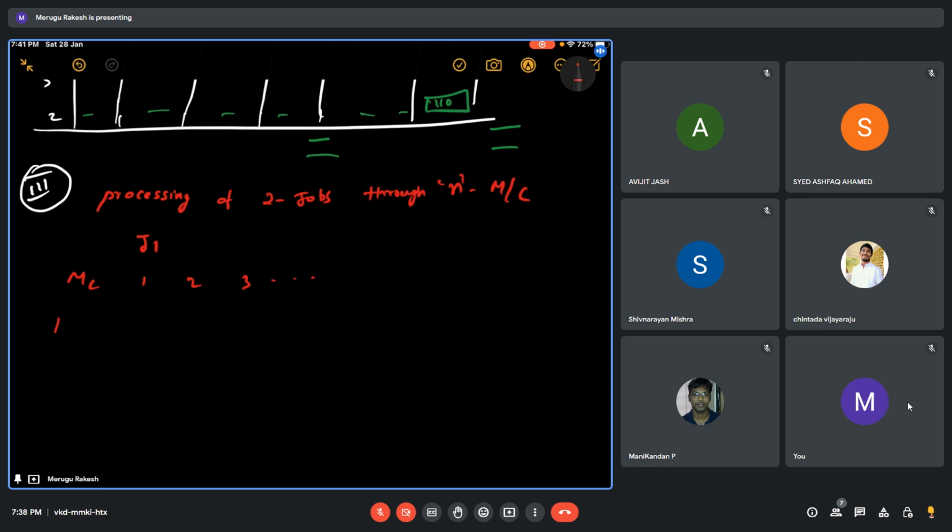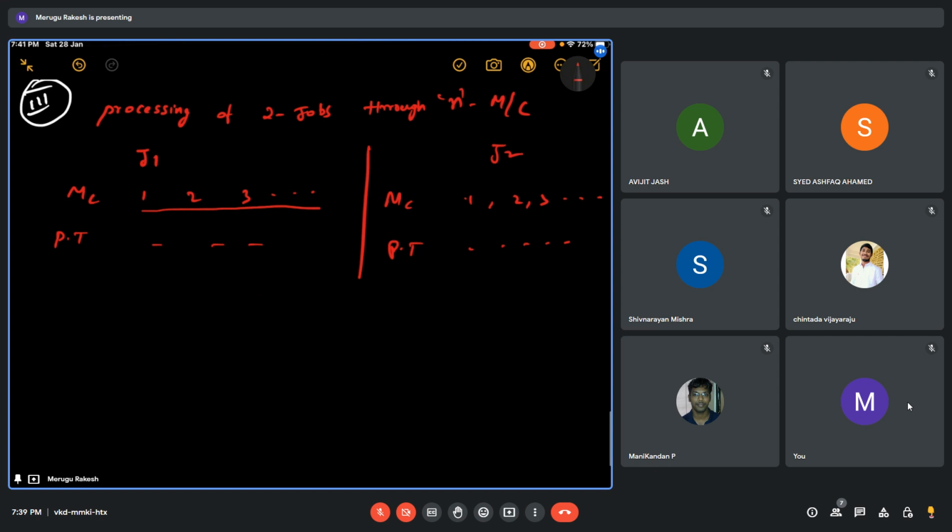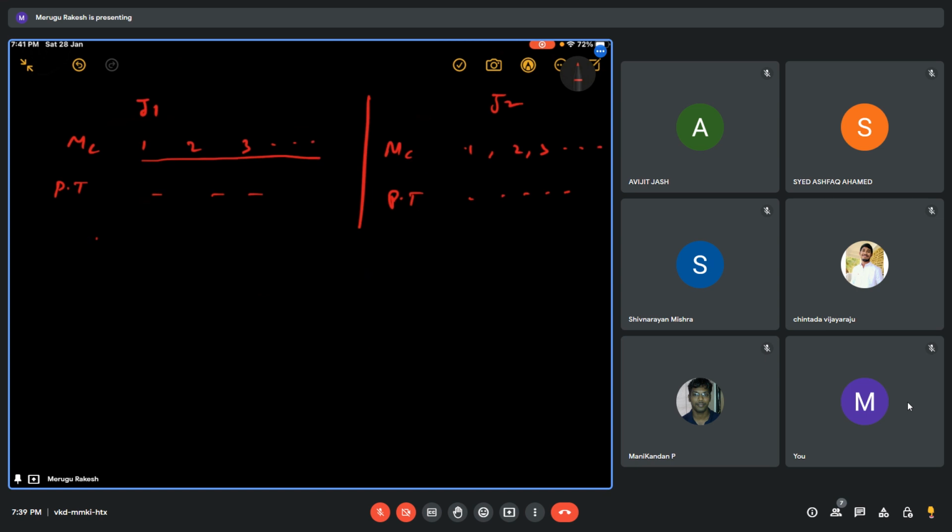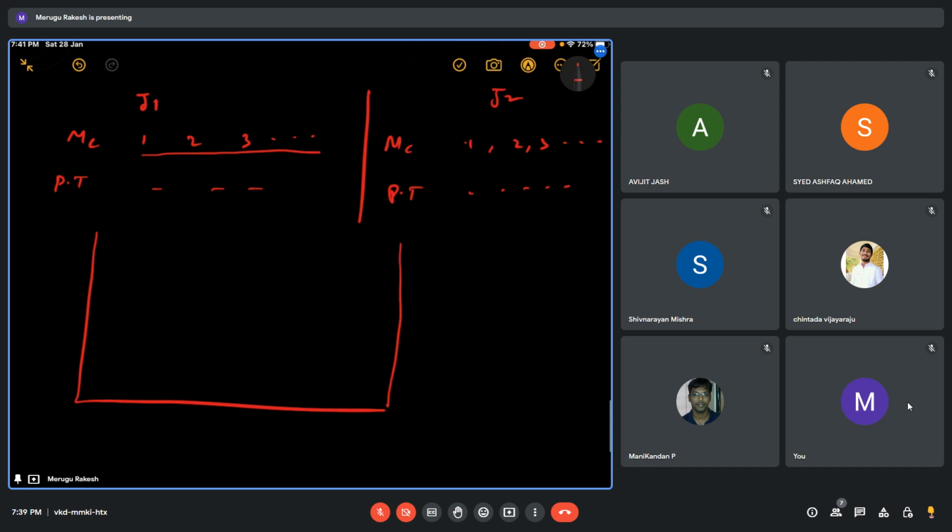Then we get the processing time accordingly. Similarly, job 2, what are the machines available? Whatever machines are available in this case will not be available here, or maybe, but in a different format, and so on. Similarly, the processing time. Okay, so I'll just explain the model. As I said earlier, we will construct a grid like this.